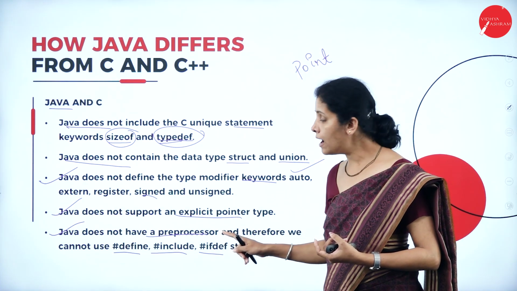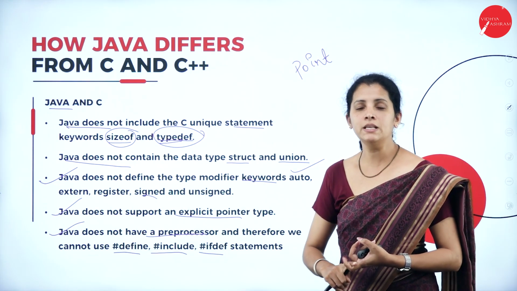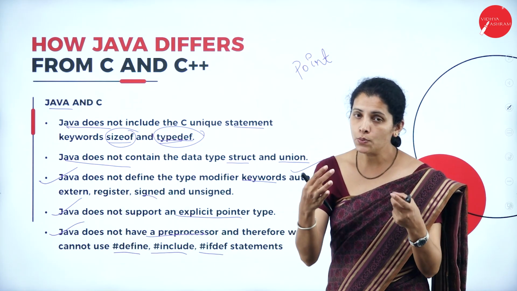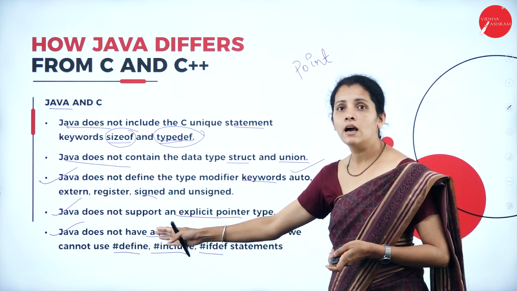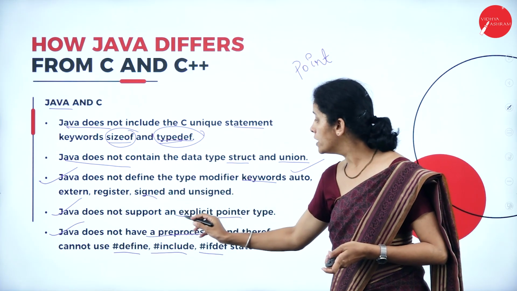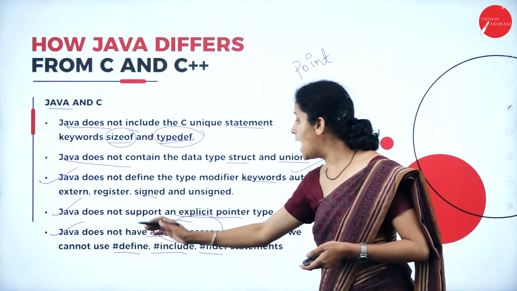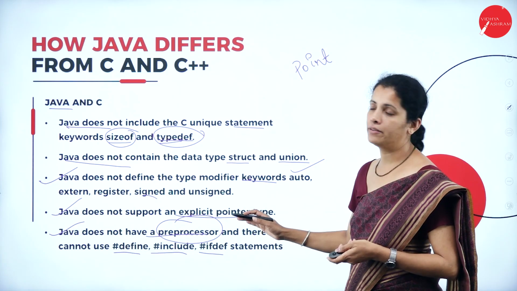But in Java, we have the import keyword. That means I import the classes as well as packages. But in C, I use preprocessor directives like hash define, hash include, hash ifdef.